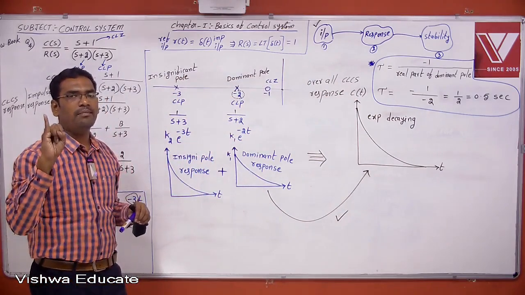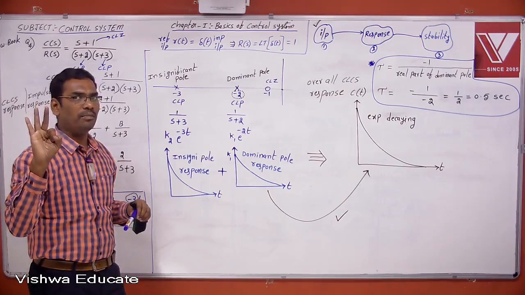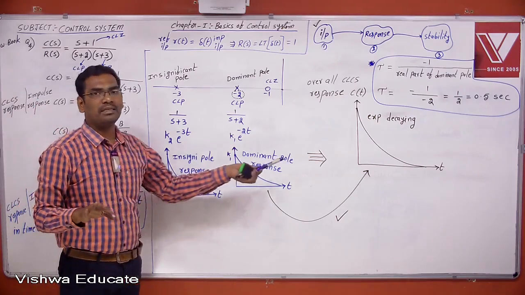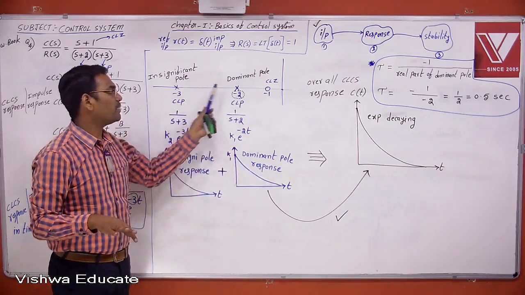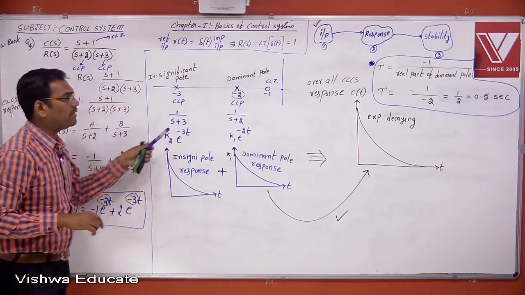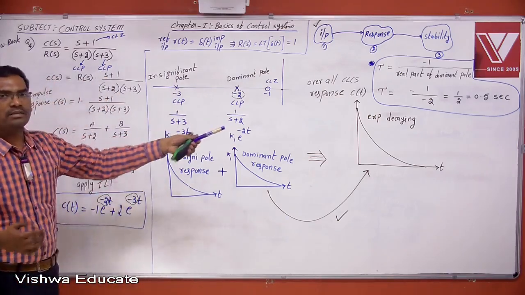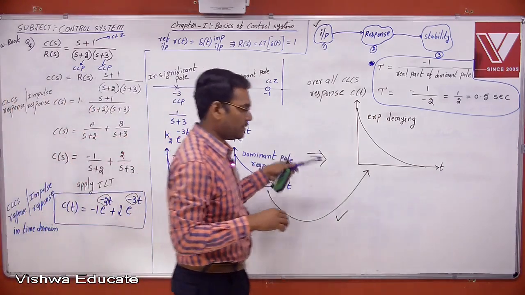Therefore order is completed, time constant is completed, frequency of oscillation is also completed, and we draw the response in time domain. In this response we have the concept of dominant pole and insignificant pole. Then from the response we will find the system stability. How to find the system stability we will see.